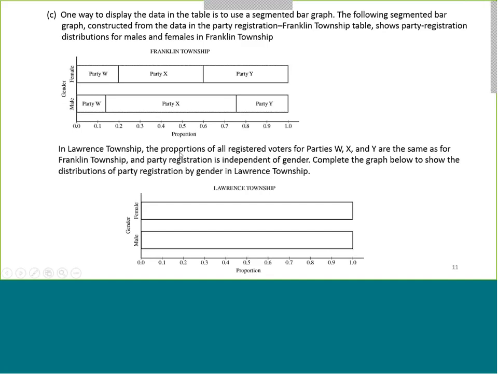Row 3 of that first table that we made, those are the proportions for party W, X, and Y for the total. Those have to be the demarcations on this new graph that we're drawing. So plop them in, you're done. So our answer to Part C in terms of how to draw it is really row 3 of the very first table of probabilities that we did.